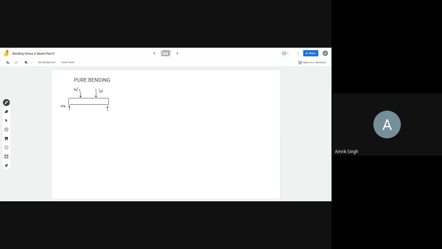Let me name these points A, B, C, and D. If I draw the shear force and bending moment diagram, the shear force diagram up to here will be positive, and from here to here it will be negative. This is equal to W. This is equal to W. So this is the SFD.